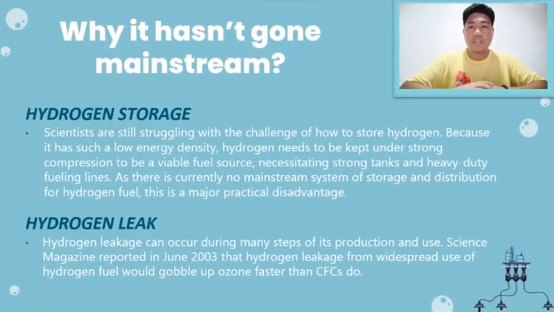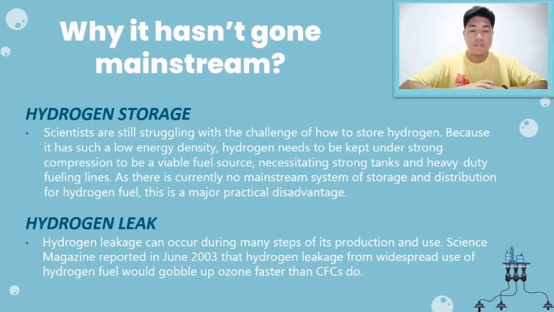Hydrogen storage. Scientists are still struggling with the challenge of how to store hydrogen because it has such a low energy density. Hydrogen needs to be kept under strong compression to be a viable fuel source, necessitating strong tanks and heavy-duty fueling lines.